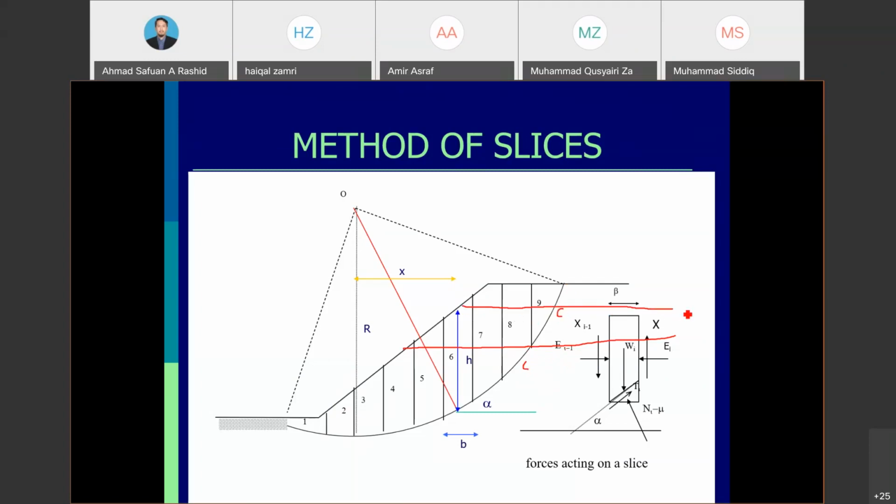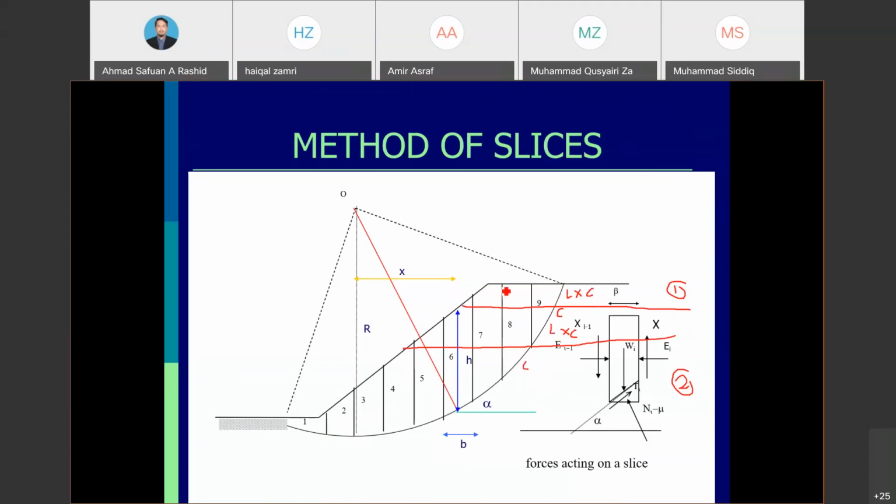For example, this is soil number 1 and soil number 2. Do not cover the base of the slice with two different soils. There will be a problem because you want to get this length and this length, then multiply with a different C. So it is better to have one base cover one particular soil property only.